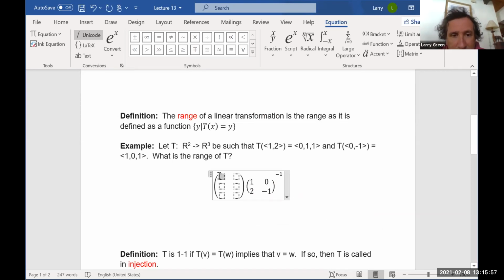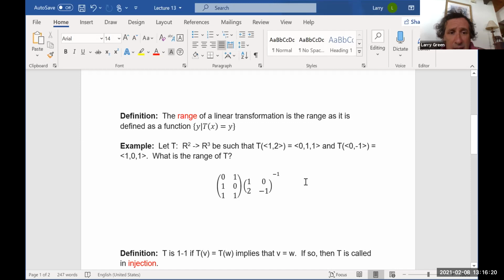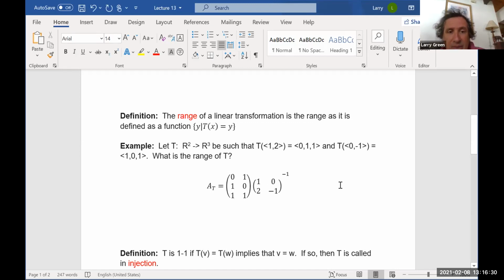So we multiply by 0, 1, 1 and 1, 0, 1. Any questions at all on that? And let me write that. I'll just call that A_T, which is the matrix of the linear transformation T. Any questions on doing that?